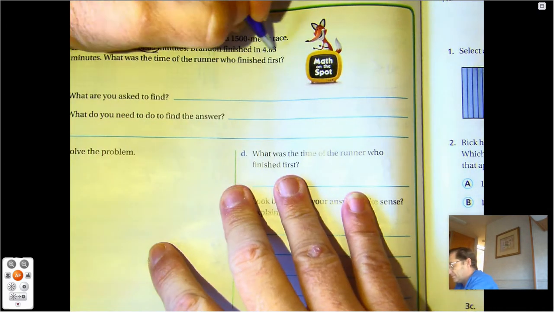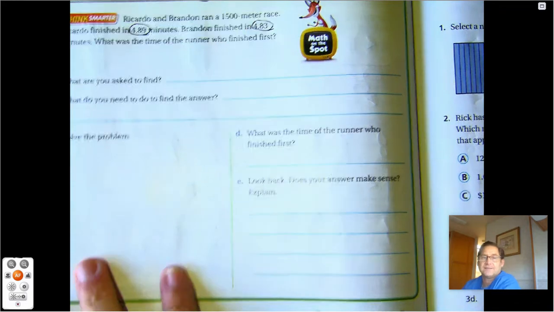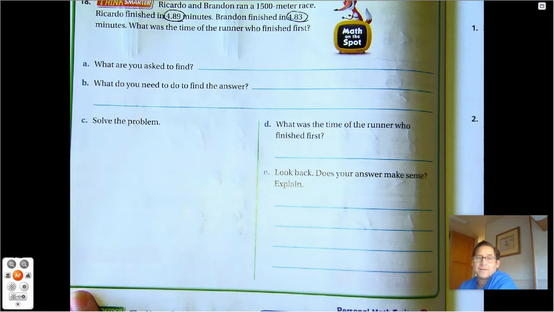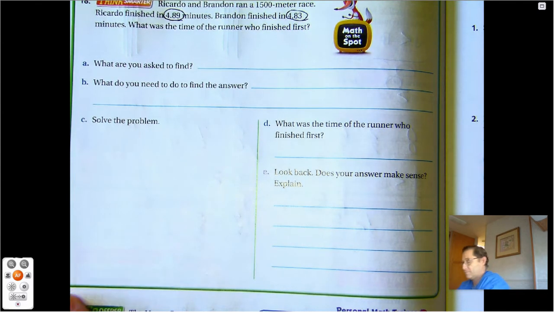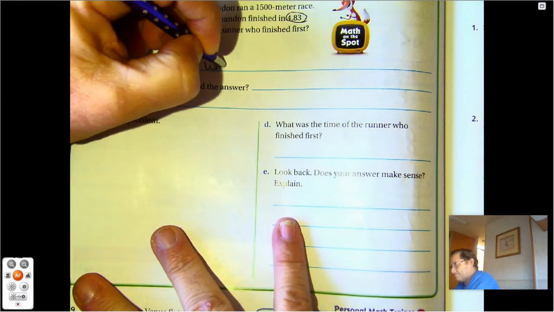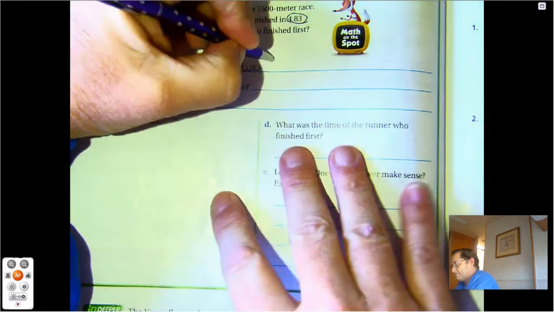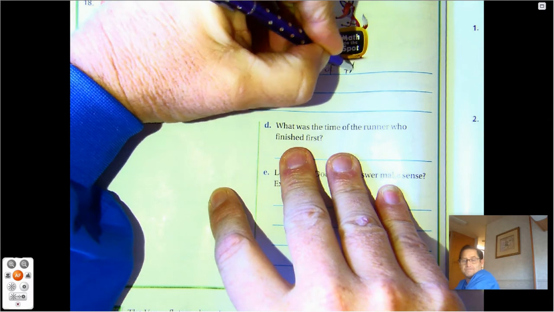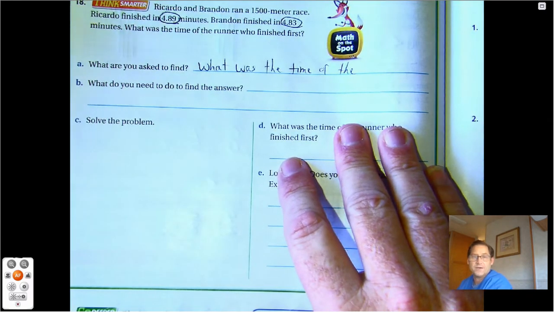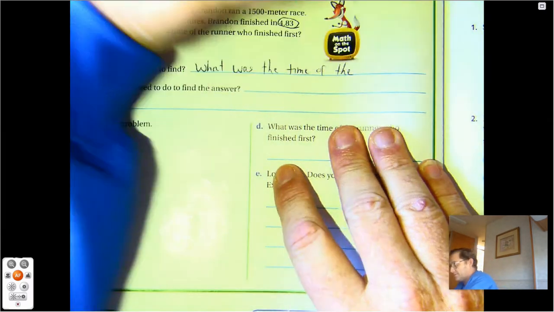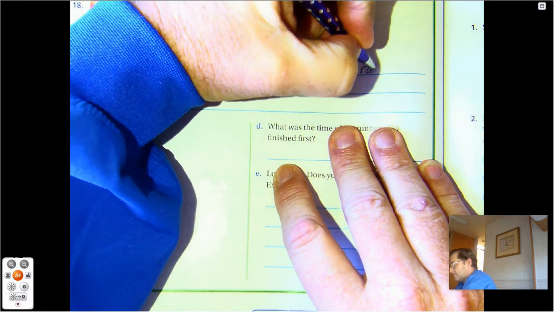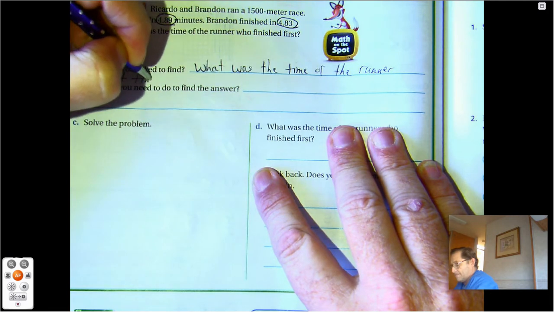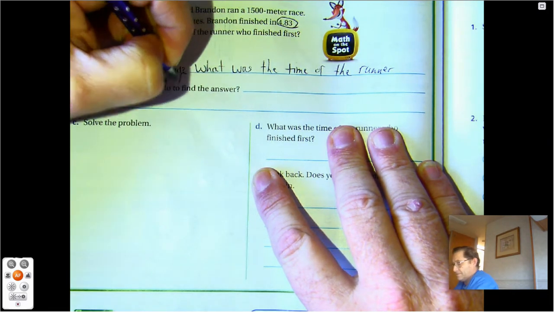there are two times. And when we're in a race, we want the smaller number. Okay, what are you asked to find? What was the time of the winner? The runner who finished first.